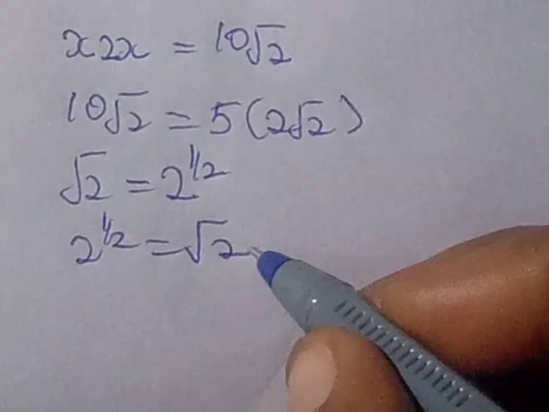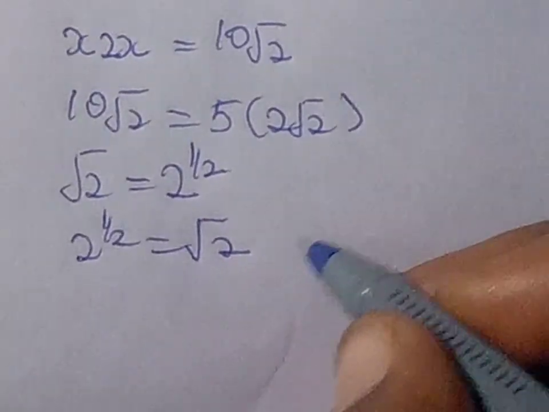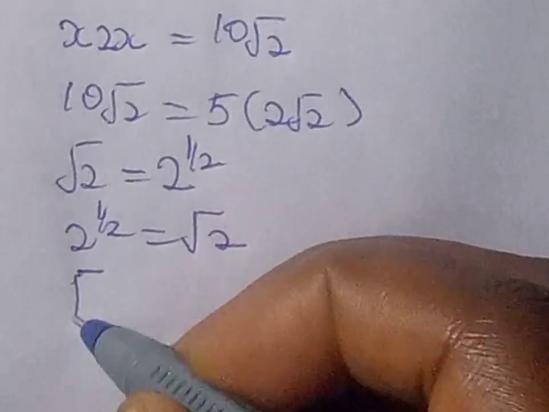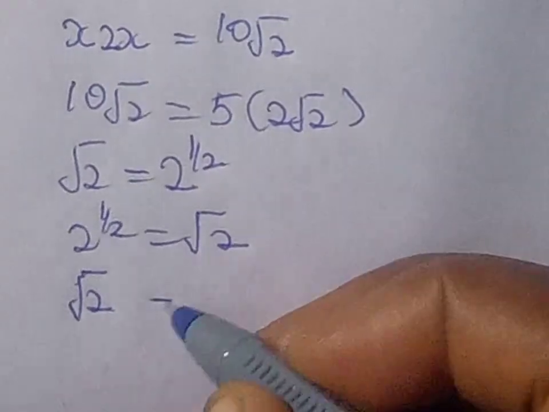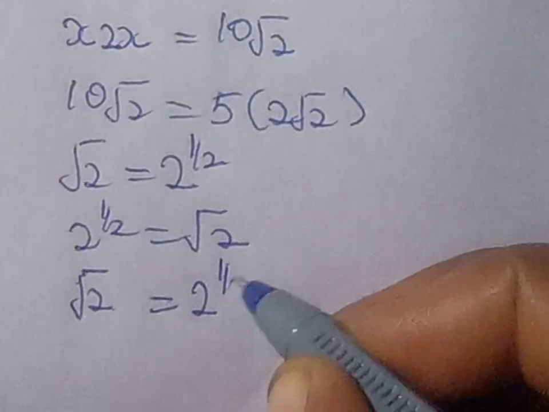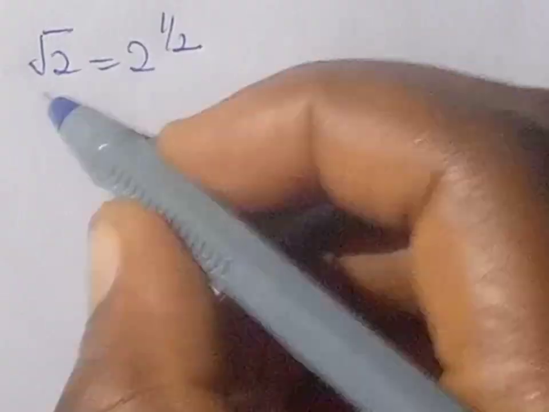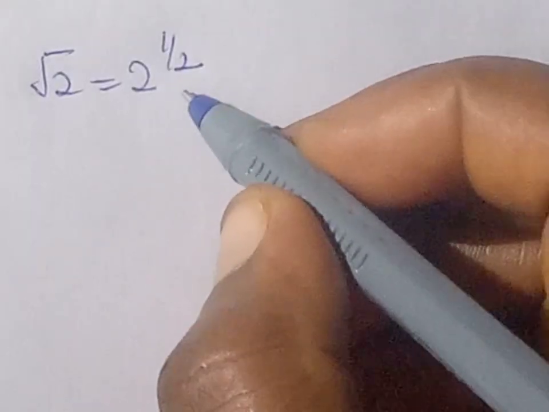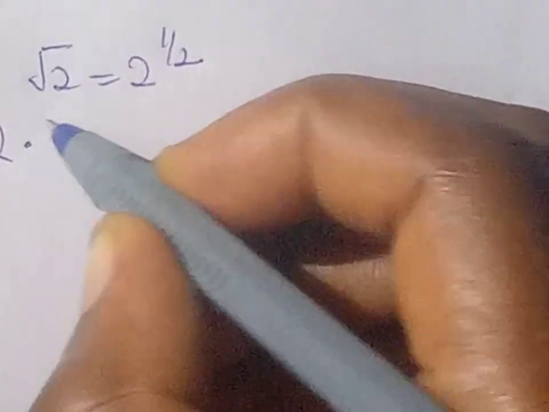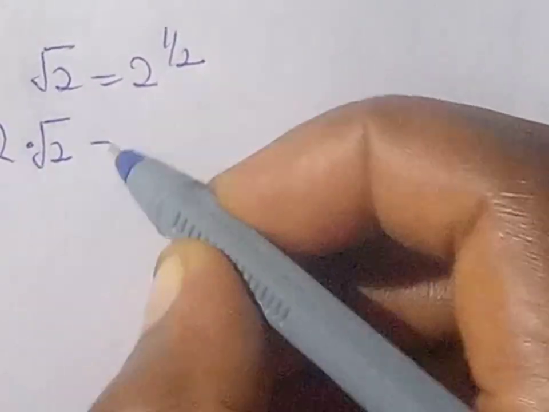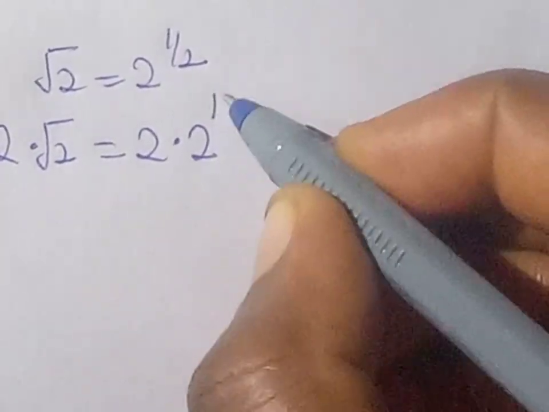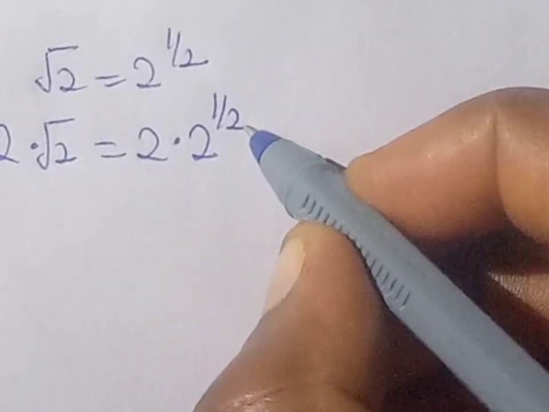Now let's multiply both sides by 2, which will give us 2 times root 2 equals 2 times 2 raised to the power of 1 over 2.